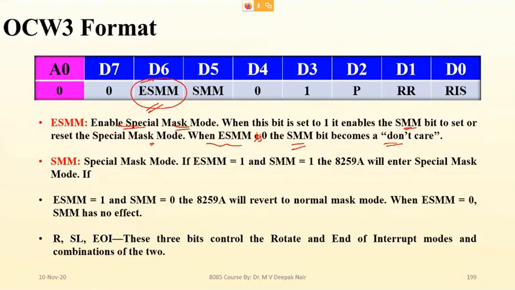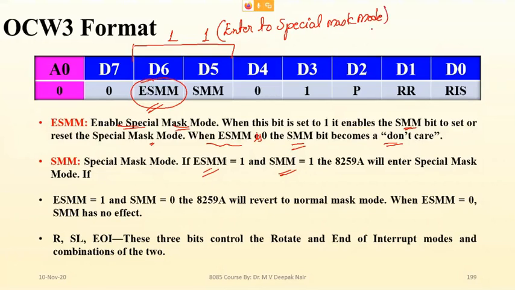That means leave it, no issues. Remember, if ESMM and SMM are both 1, then and only then you enter into special mask mode. Otherwise you will not enter into special mask mode.